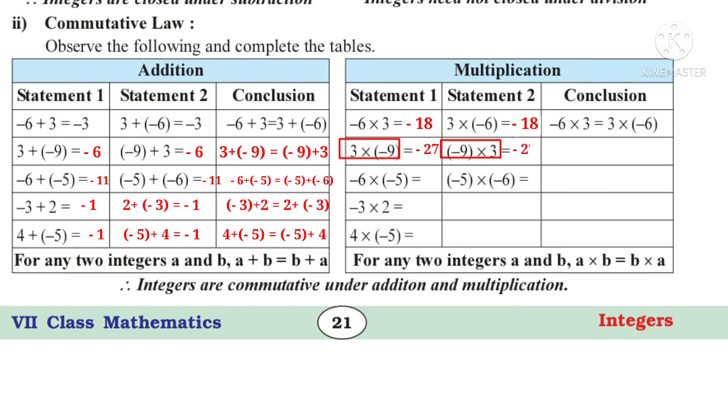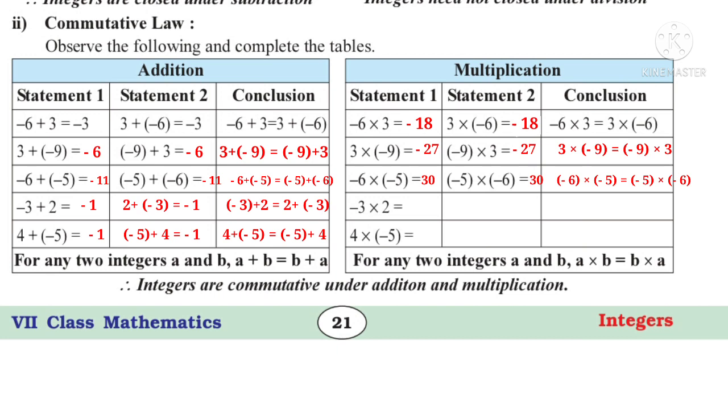Minus 9 into 3 also gives minus 27. So 3 into minus 9 is equal to minus 9 into 3. Now in the third example, minus 6 into minus 5 is equal to 30. Interchange them. Minus 5 into minus 6 also gives 30. So minus 6 into minus 5 is equal to minus 5 into minus 6.